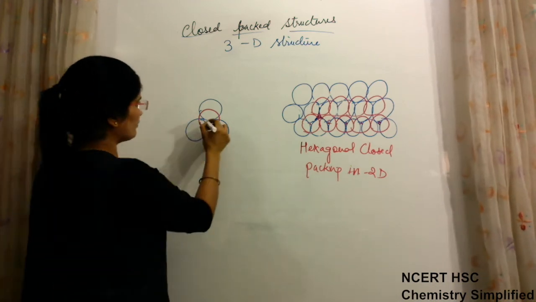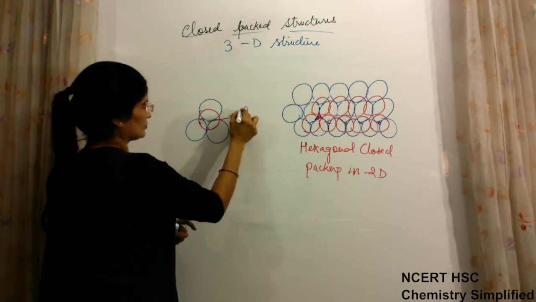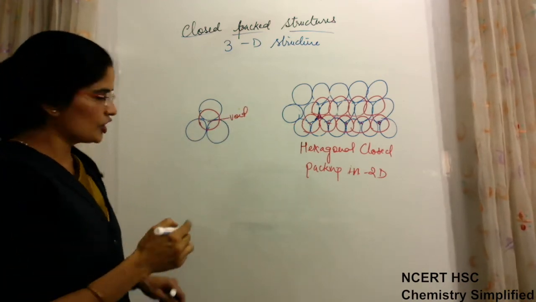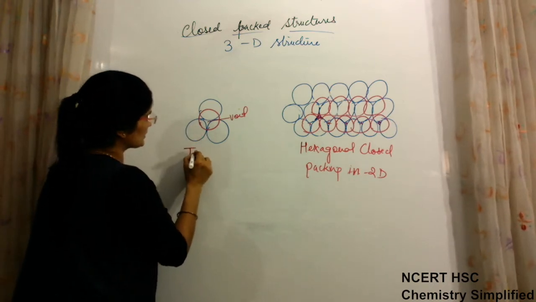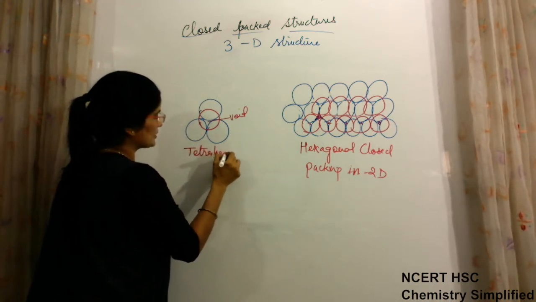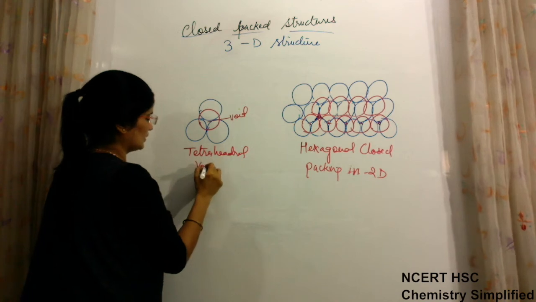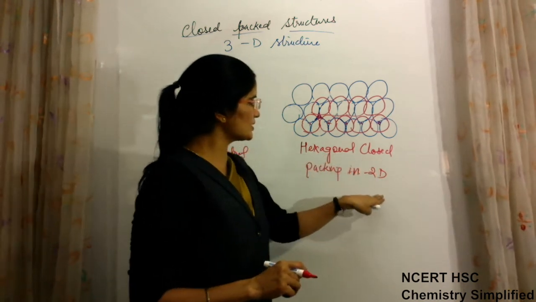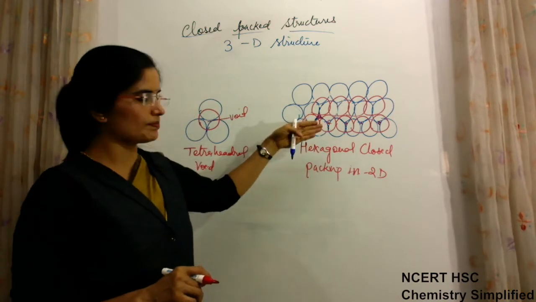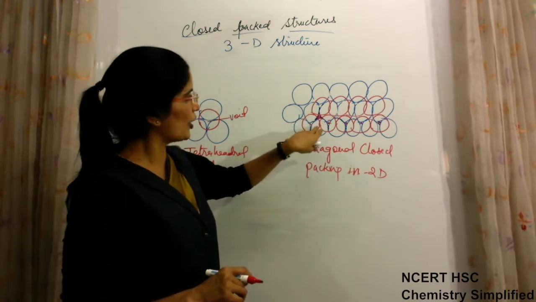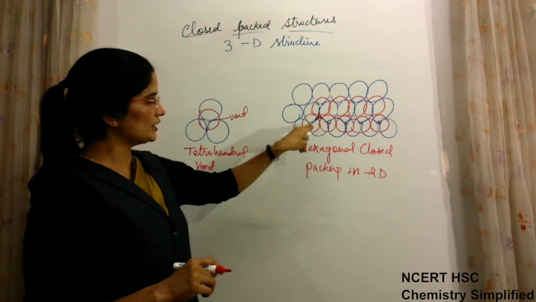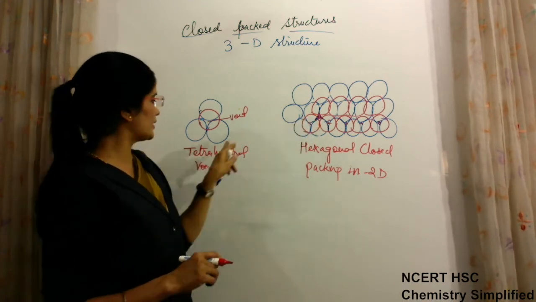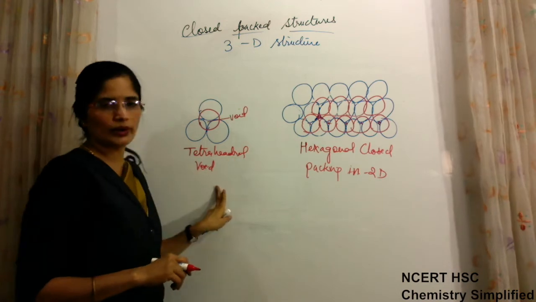That means the void will be packed inside, covered by 4 particles. So this type of void is known as tetrahedral void. When on a hexagonal close packed 2D structure, a second layer is placed covering the voids of the first layer by the particles, a void is generated which is known as tetrahedral void.